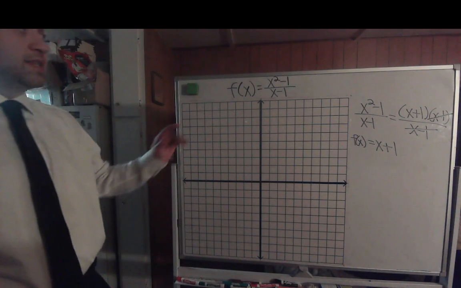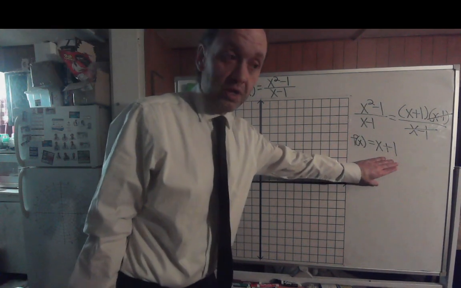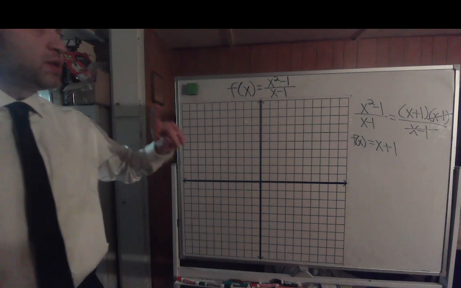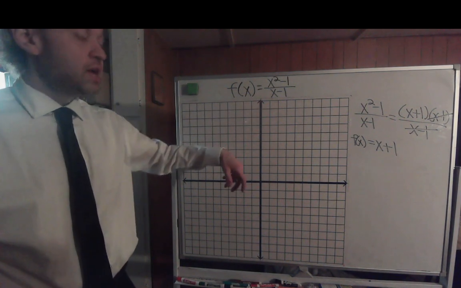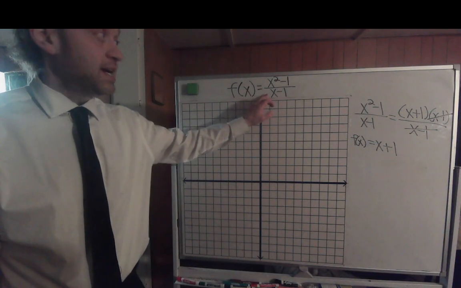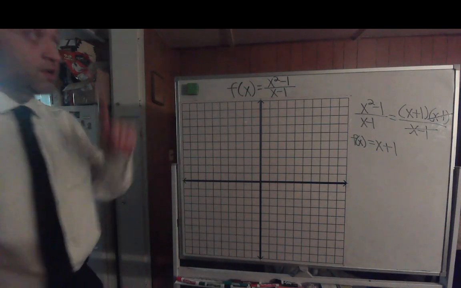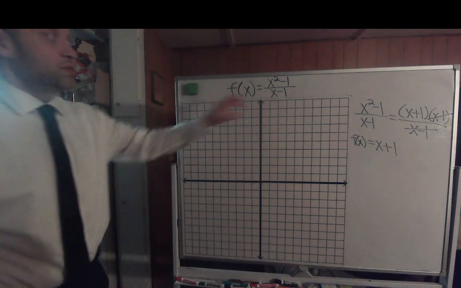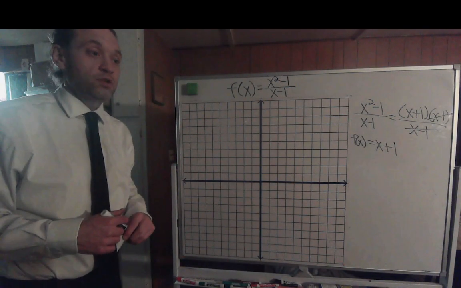Even if you get the fractions reduced down to just a simple polynomial, you still have to consider the original denominator. In the denominator, the function is not defined at x equals 1, right? You would have 0 in the denominator.